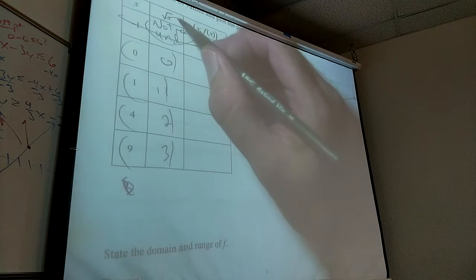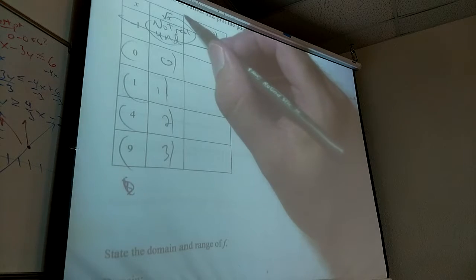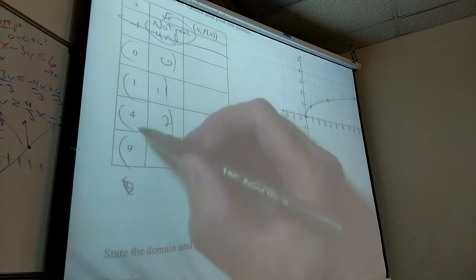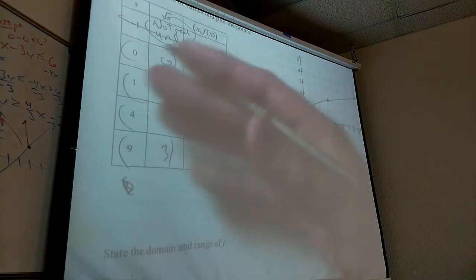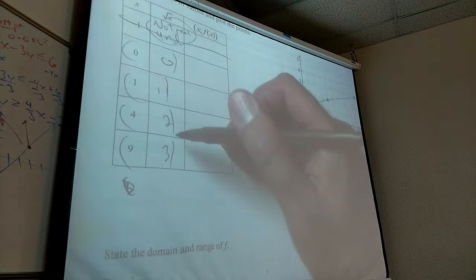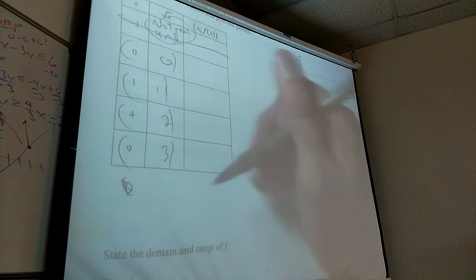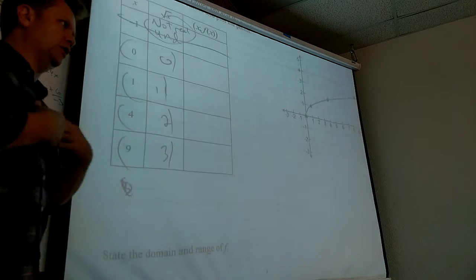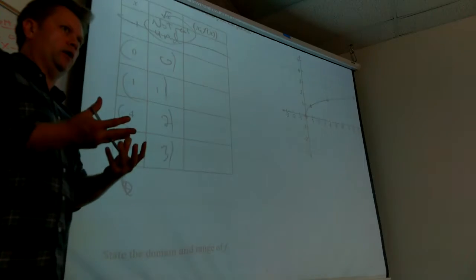So what will I put in for x? Numbers that are easy to do the square root of. Square numbers are easy, because the square root just undoes the square, right? So if I put 4 in, I'm going to get back 2. If I put 9 in, I'm going to get back 3. This is the idea of the square root being the opposite of a function that we know. Square root is the opposite of square.